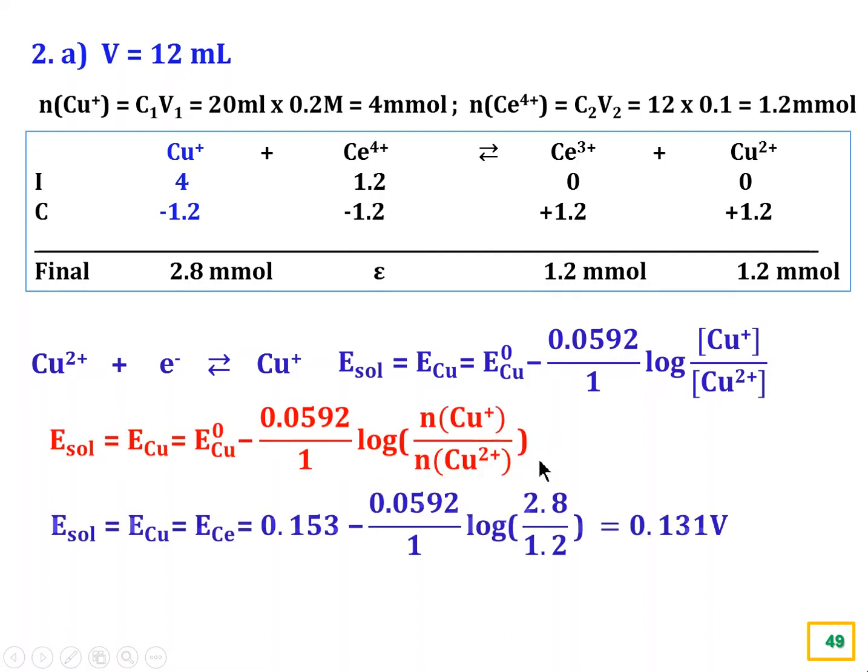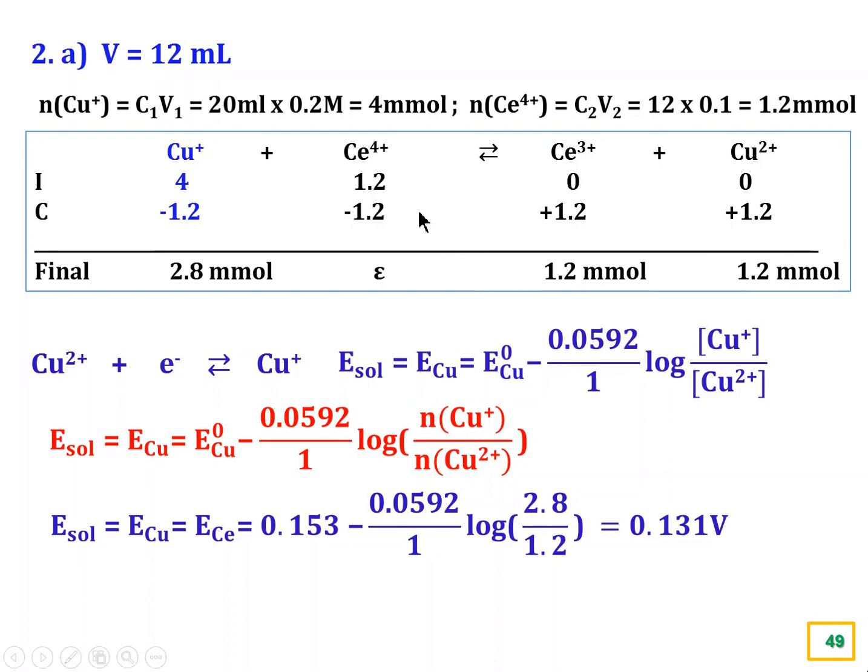So E equals, we put the number of moles of Cu+ 2.8, Cu2+ 1.2. The number of electrons exchanged in the couple is 1, and we have the value of E0. So E of the solution is equal to 0.13 volt.